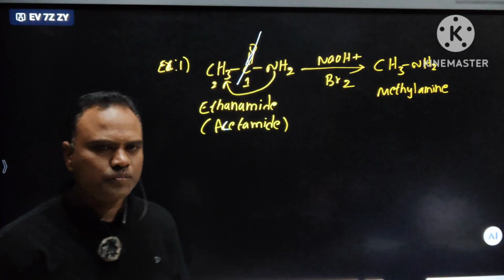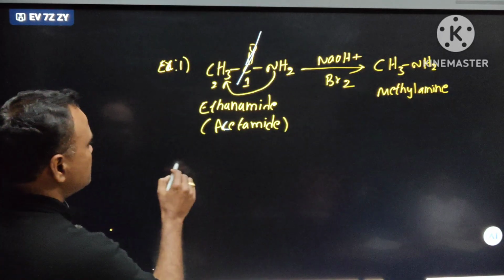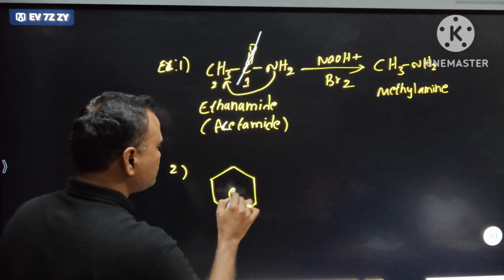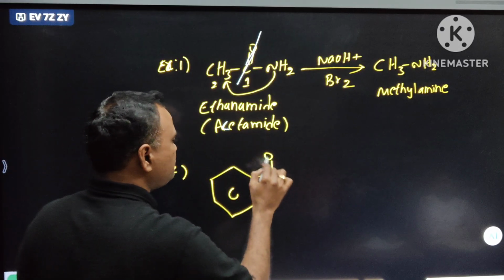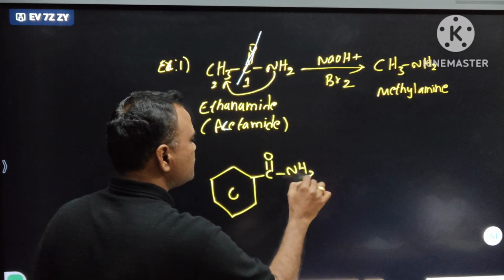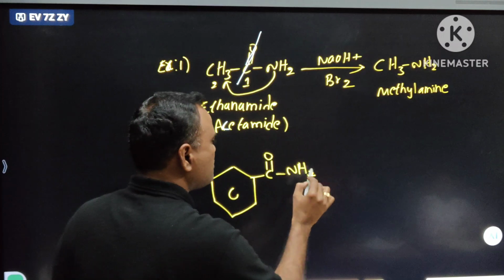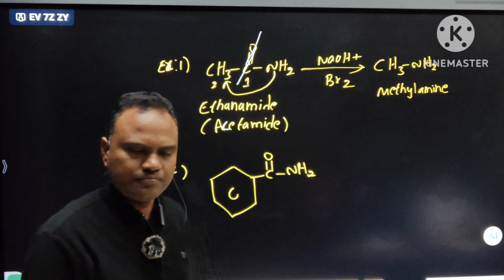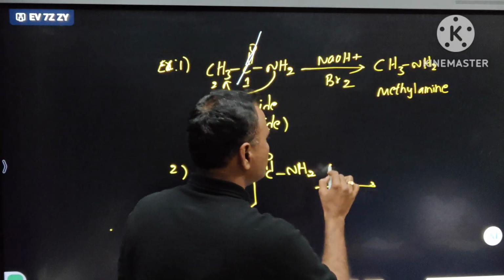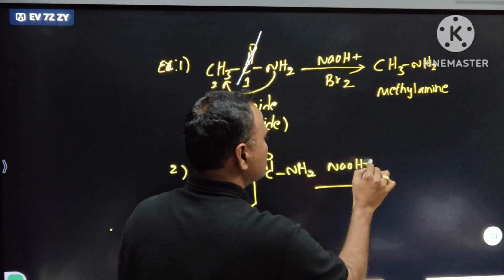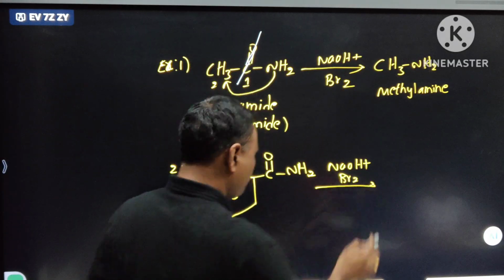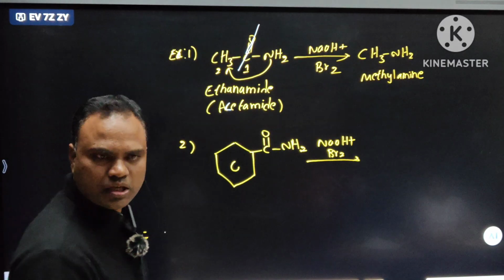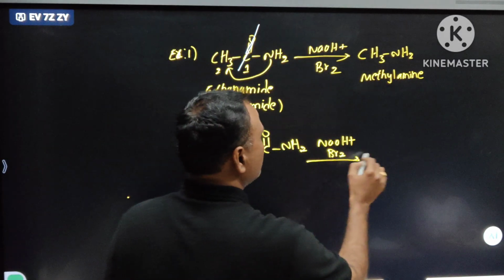Okay, right. Second example, what is its name? Benzenamide. Same, NaOH plus Br2. Name of the amine is aniline, aromatic.